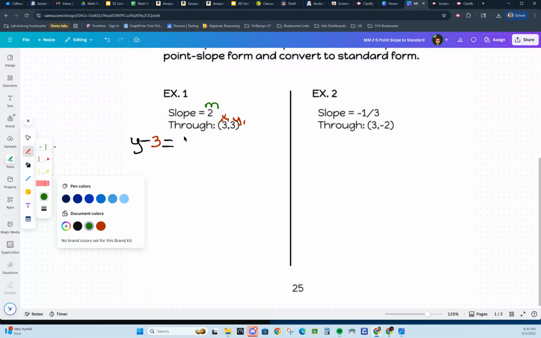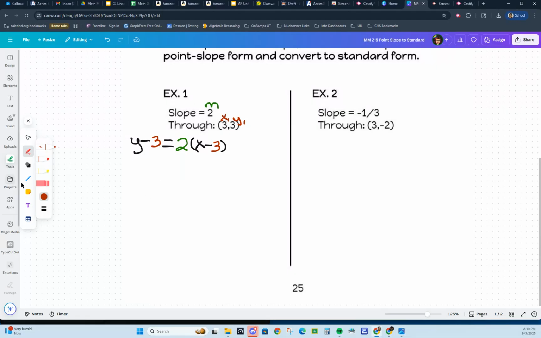So 2 times x minus our x1, which is also 3. All right, so y minus 3 equals 2 times x minus 3.